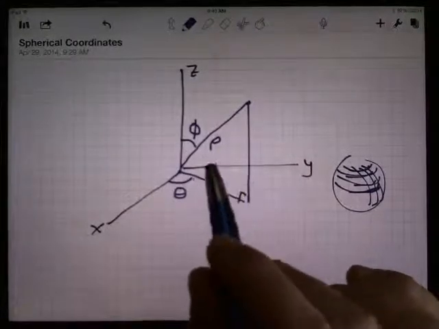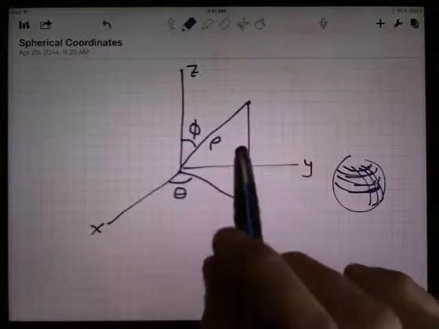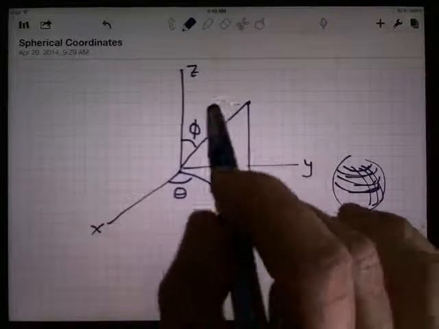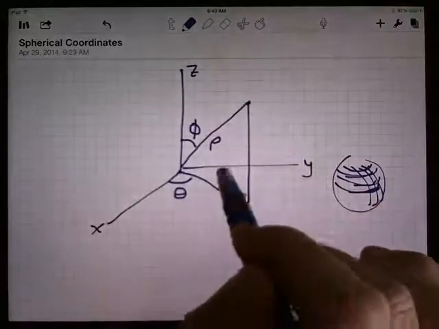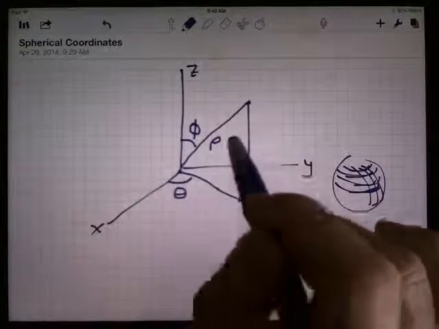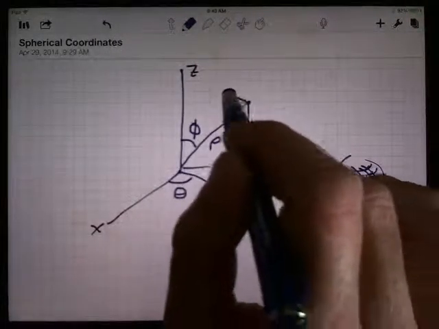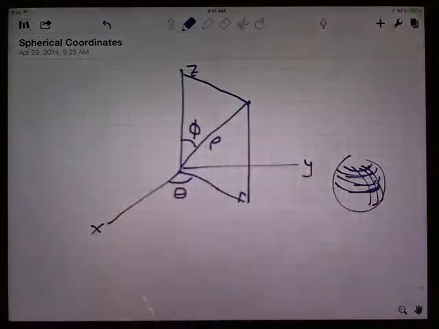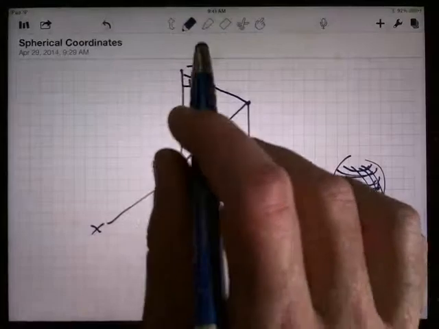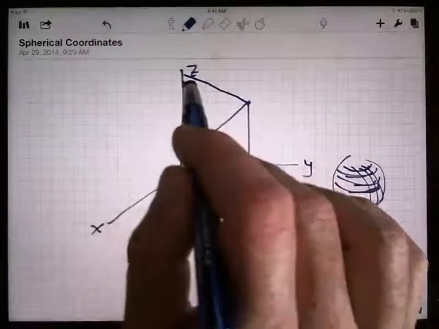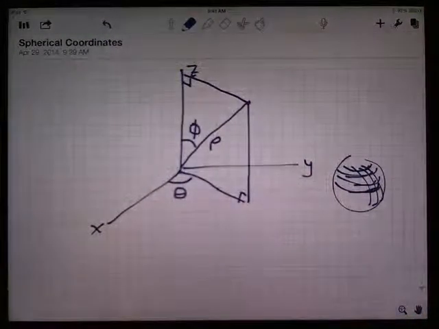Well, I've got a picture here that's going to help me out. In particular, let me draw another line in here that's parallel to the XY plane, and connect that back to the z-axis. So that's a right angle right there. Not that I made it look like a right angle. It looks better now.